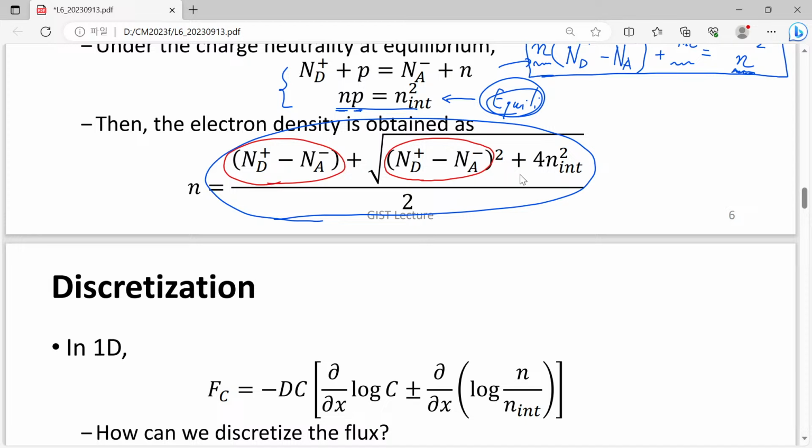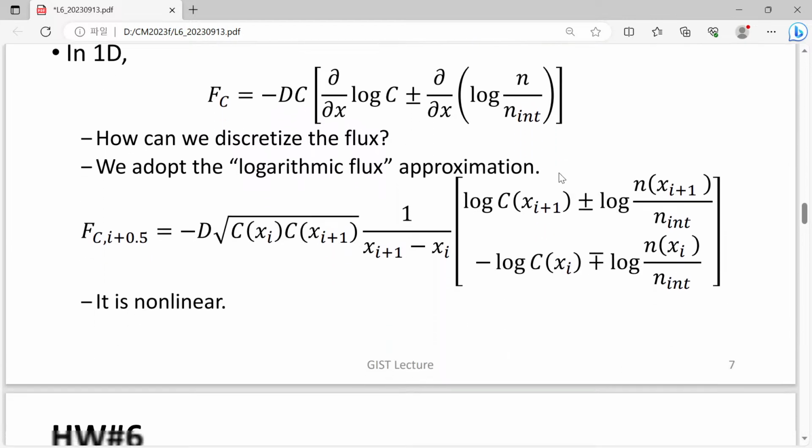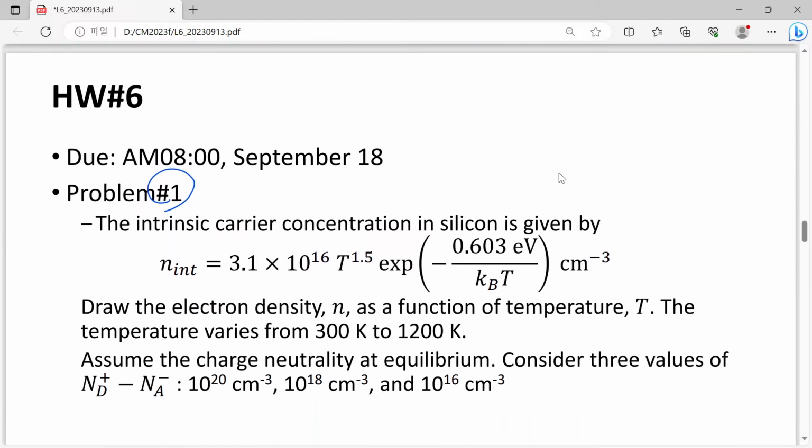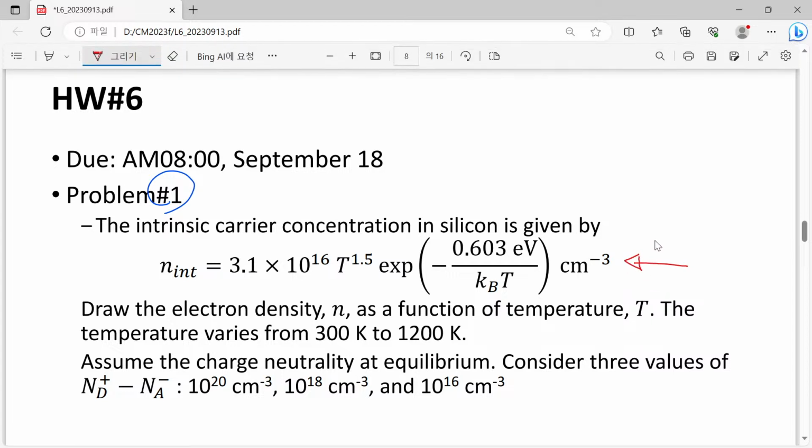You cannot, because here you have another term related to the intrinsic carrier density. So the intrinsic carrier density should be known, and in this homework problem number 1, the intrinsic carrier concentration in silicon is written here. Okay, then please try to evaluate it.